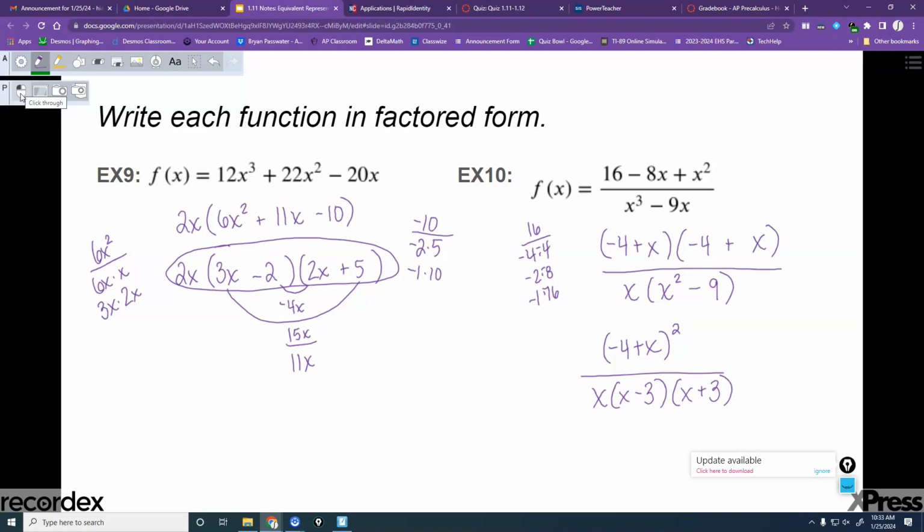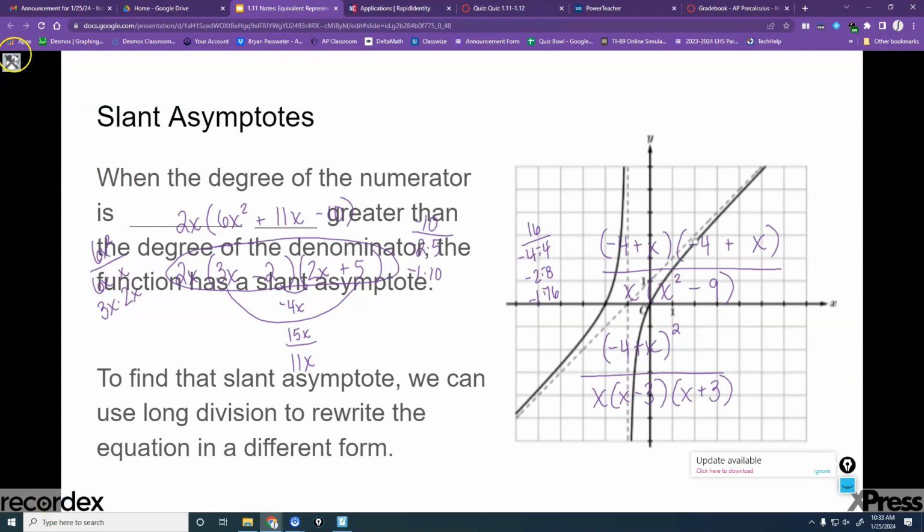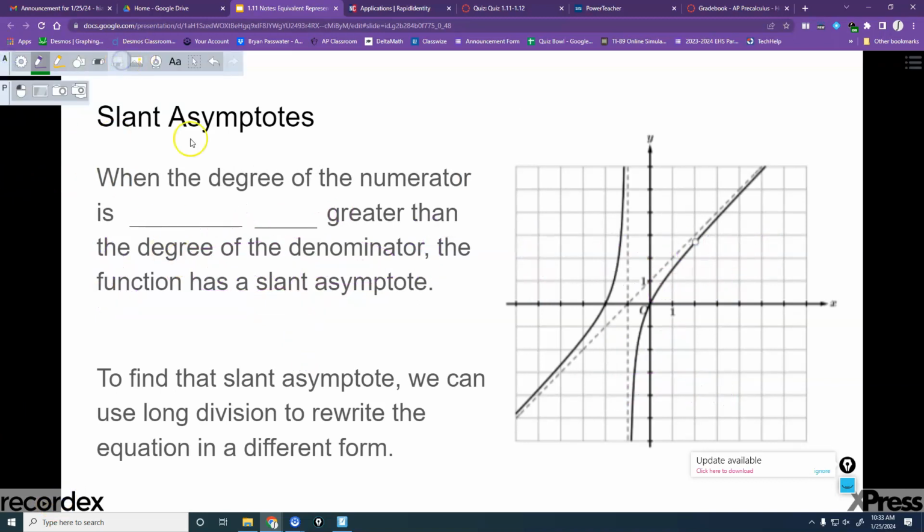And I said we're going to hold off on talking about that until we get here. And so here is where we are going to talk about the slant asymptote. A slant asymptote is going to happen when the degree of the numerator is exactly 1 greater than the degree of the denominator.